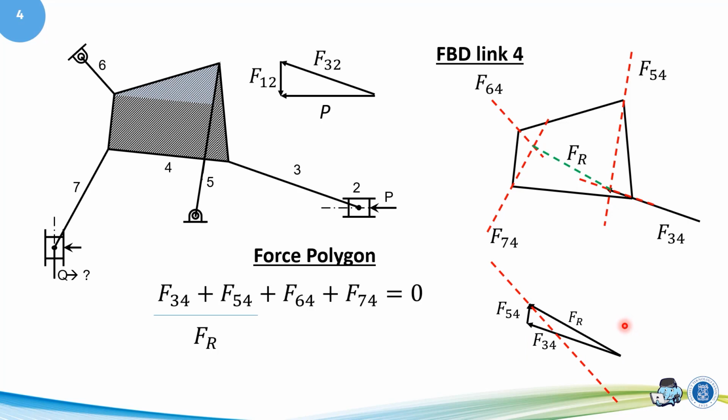We draw the direction of F64 and the direction of F74. Again, we have the intersection point, so we can determine the vectors F64 and F74. From this closed polygon, we can know that link number 7 is also in compression.